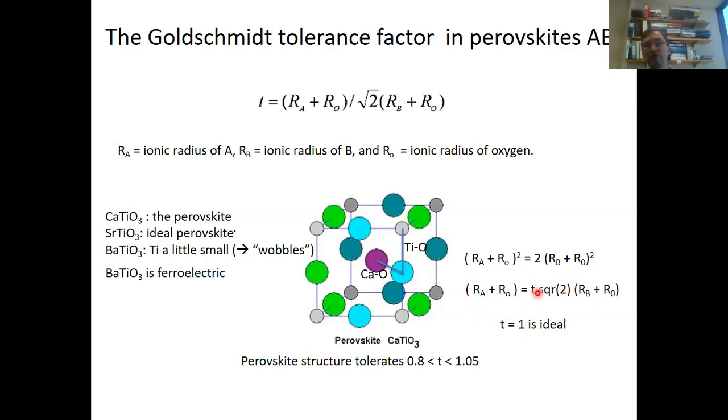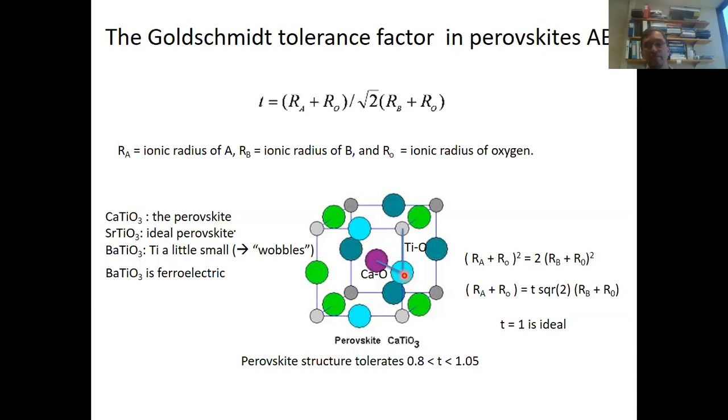Or in other words, in this structure, both the titanium and the oxygen would touch, and the calcium and the oxygen spheres would touch. Okay, so that's the ideal case.